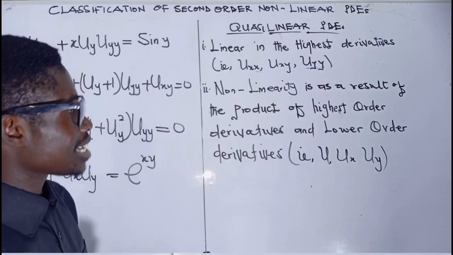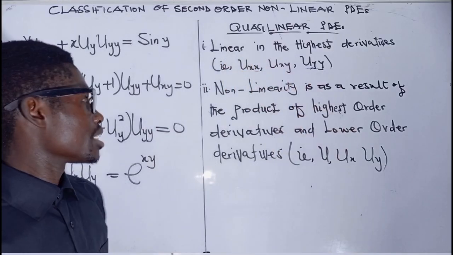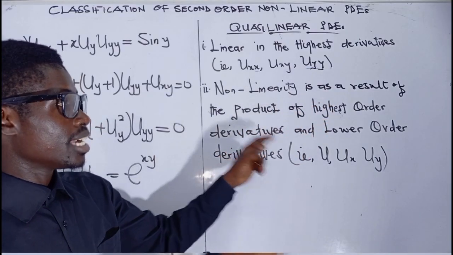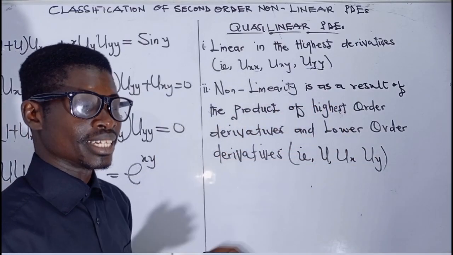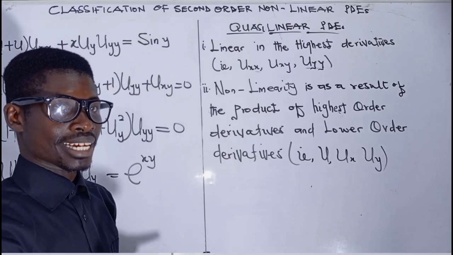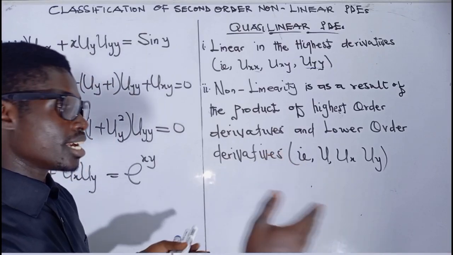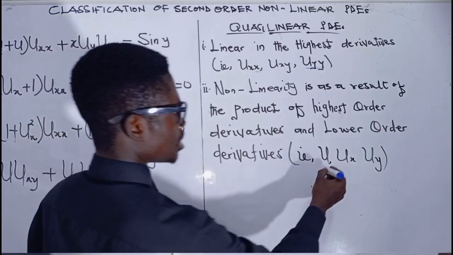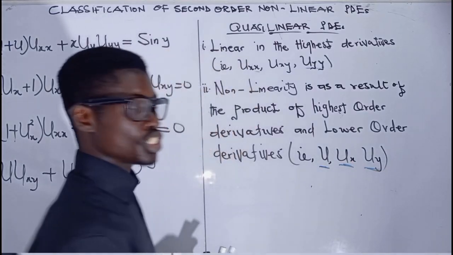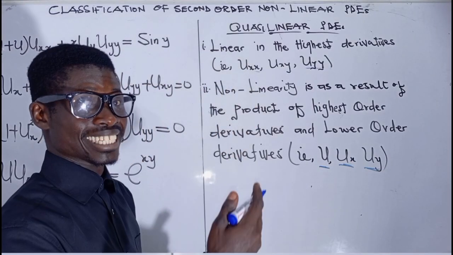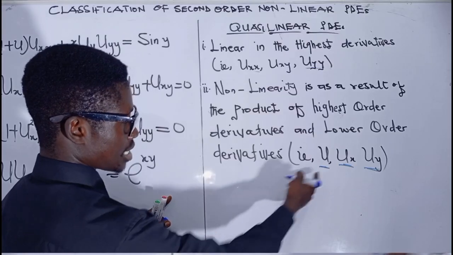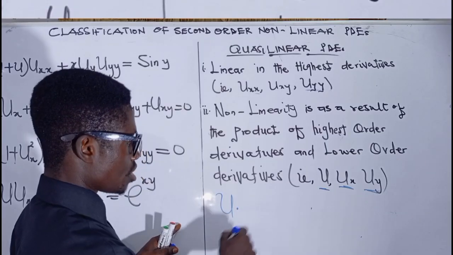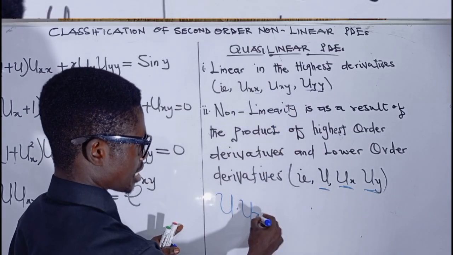And then the second condition that differentiates it from the semi is that the non-linearity is as a result of the product of the highest order derivatives and the lower order derivatives. So we shall be looking at the product of the highest derivatives and the lower order derivatives. When we talk about lower order derivatives, we shall be looking at the ux, and then uy. Let's take it that you have the lower order derivative such as u, the dependent variable, multiplying the highest derivatives, let's say uxx.